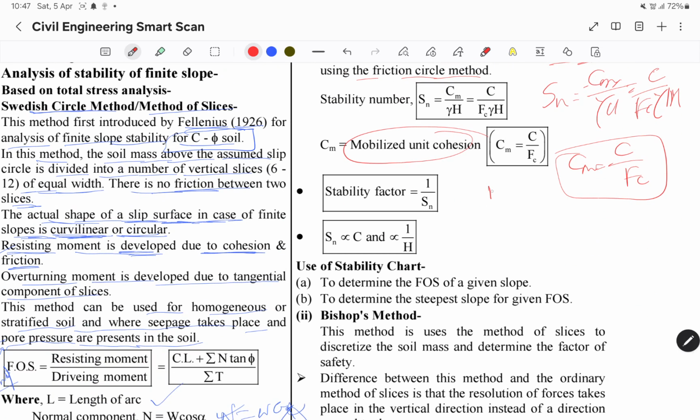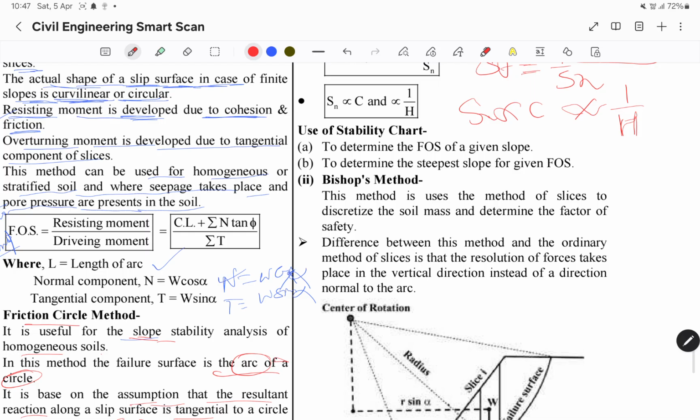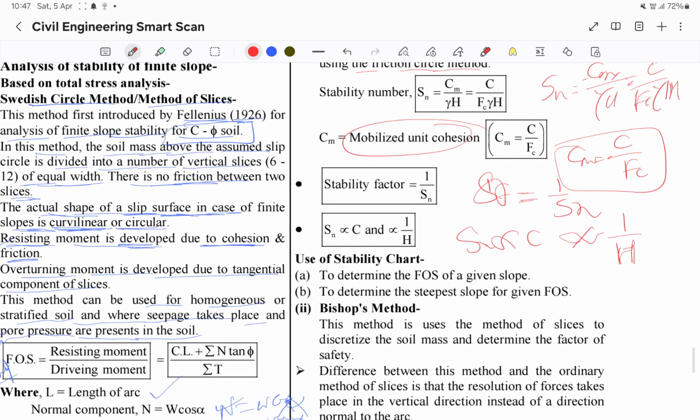Stability factor equals 1/Sn. Sn is directly proportional to cohesion and inversely proportional to height.